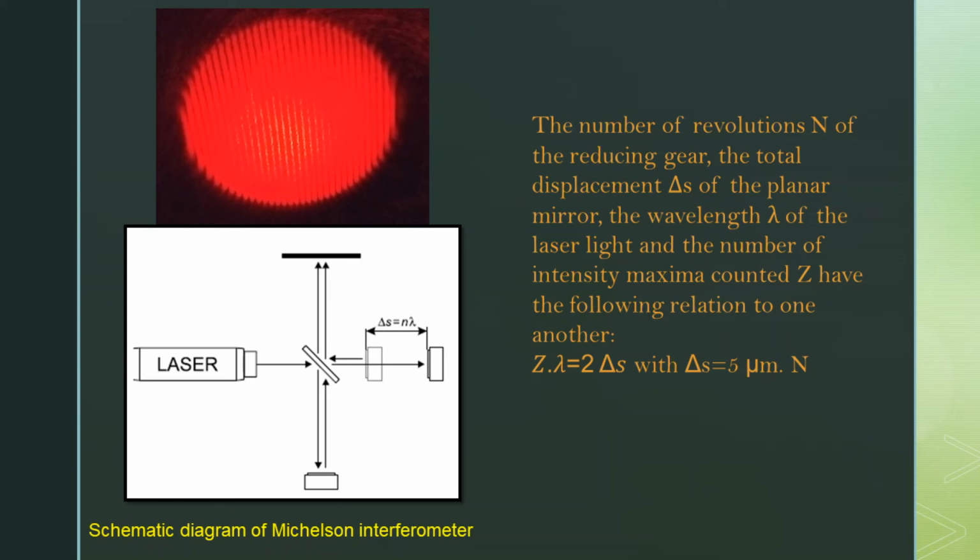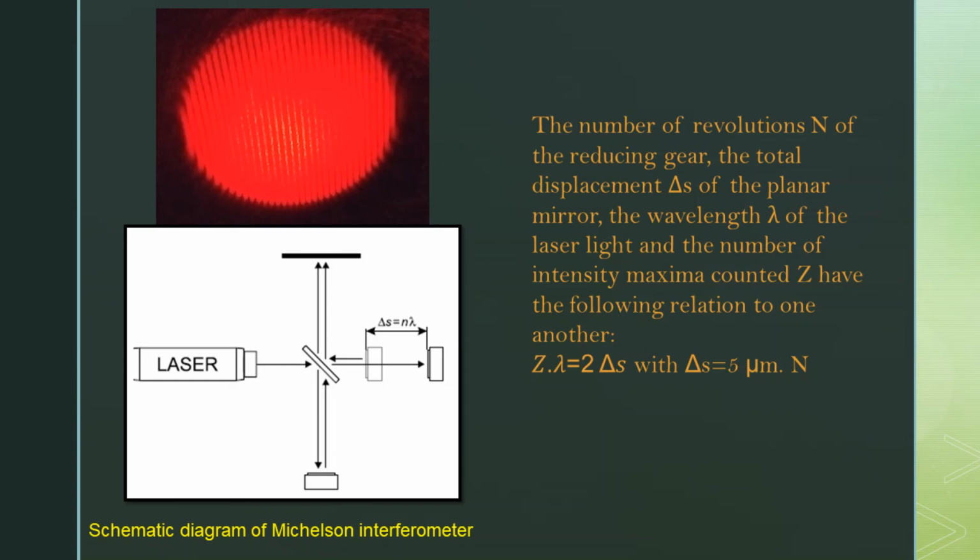Due to the rotations of the reducing gear mechanism, there will be a displacement of the mirror attached to this mechanism. This displacement is taken as delta S. With a single revolution of this reducing gear, the displacement will be 5 micrometers.